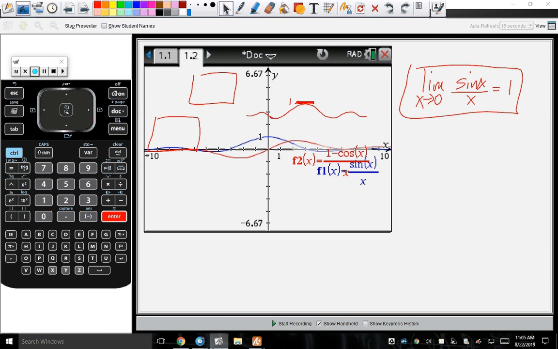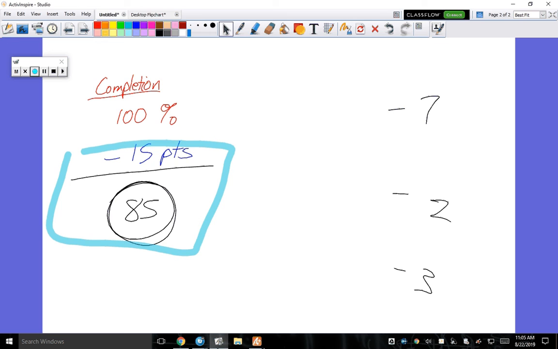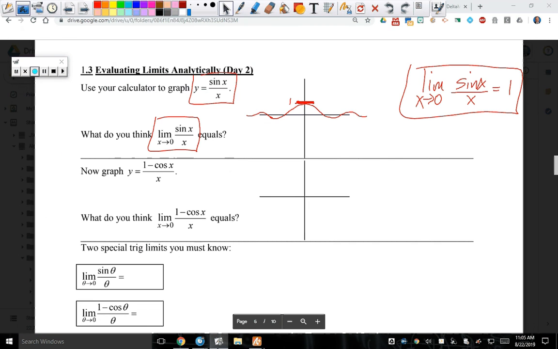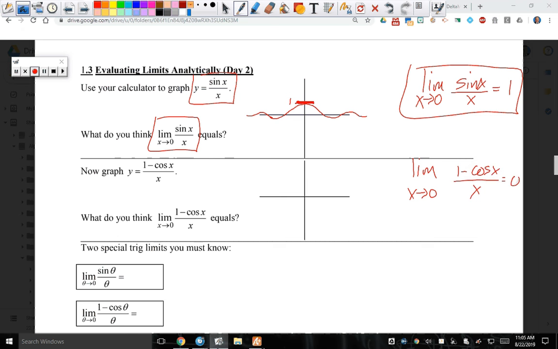And guys, if I approach 0 on that red graph, what would I get? I would get 0. So there's our second one that we're going to memorize. We'll see the algebra soon. But for now, we're going to memorize that the limit as x approaches 0 of 1 minus cosine of x over x is equal to 0. And yes, if you wanted to draw a nice, pretty sketch on that, you can. Something like this, so on and so forth.